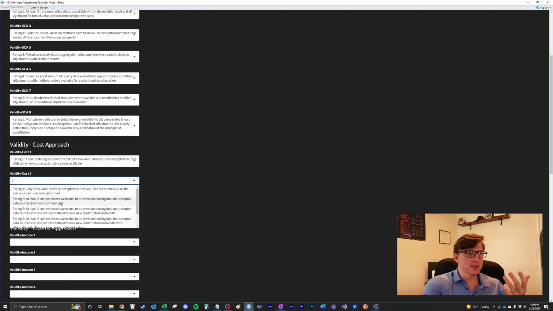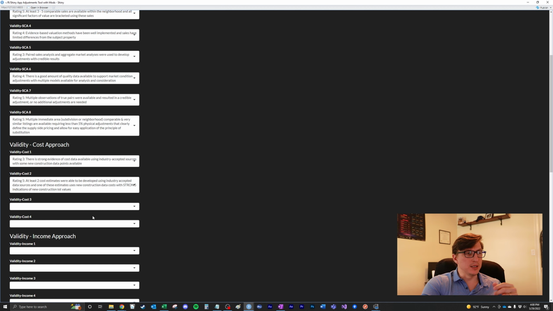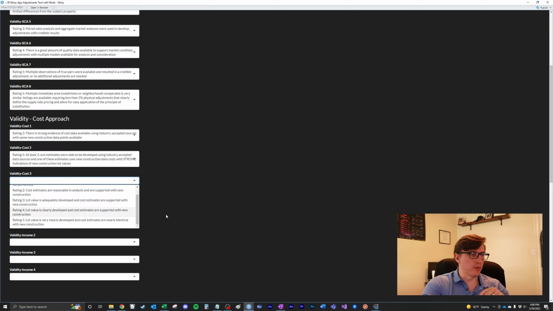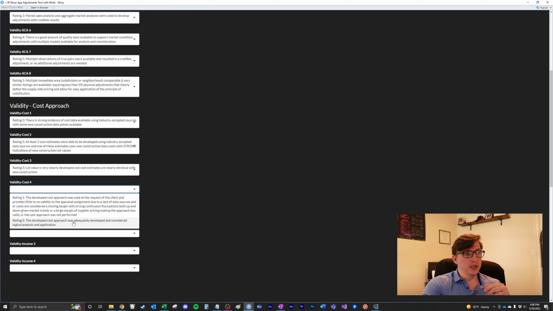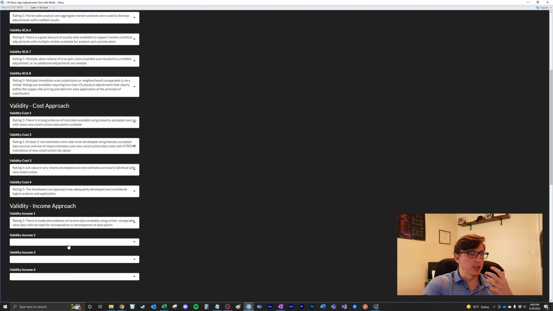At least two cost estimates were available, more cost estimates. At least one of these cost estimates were new construction. So there's lots of information in each one of these ratings. This one's talking about the lot value and the ability to develop a clear value for the lot, the developed cost approach, and that is very similar in regards to income.